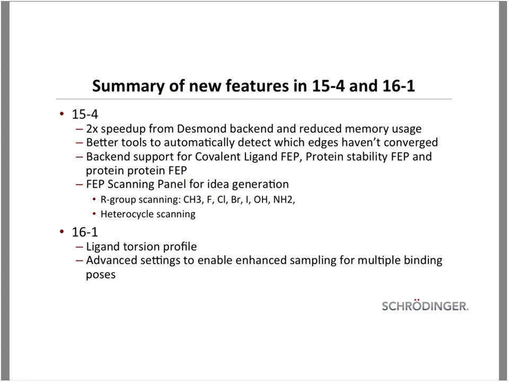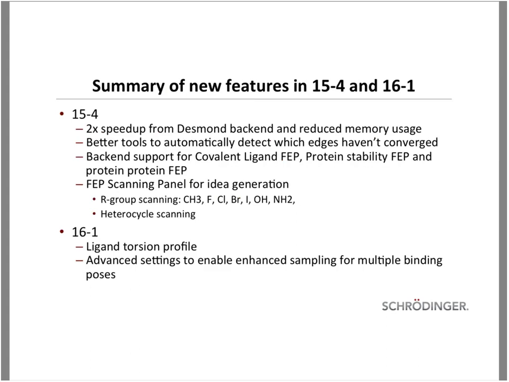Desmond has become significantly faster compared to 15-3, so it's about 2 times more effective than it used to be. As I mentioned, we have tools to automatically detect which calculations are not converged, and where you have to make sure that either your torsion parameters or your force field parameters are correct, or something else is not going on with your simulation that's producing an error.